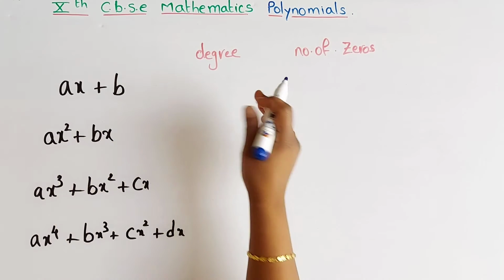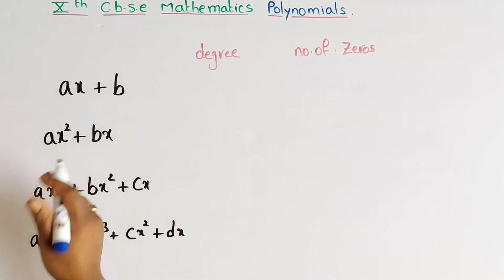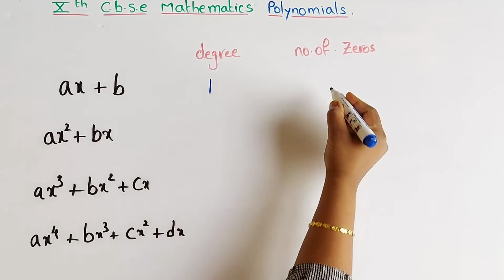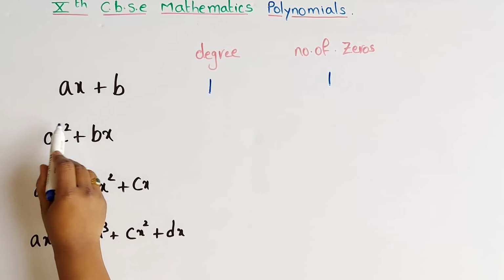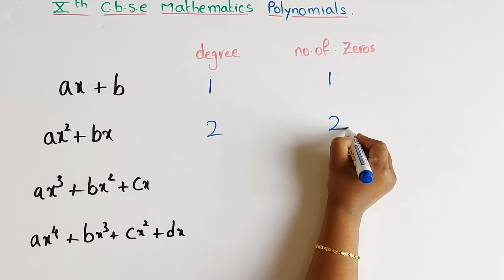So as the degree of a polynomial is increasing, the number of zeros of the polynomial is also increasing. Right, children? Here ax plus b, degree is 1. Number of zeros only 1. Ax square plus bx, here degree is 2. So number of zeros also 2.